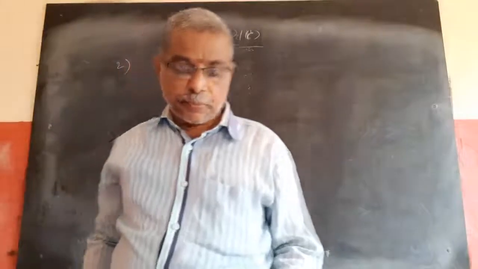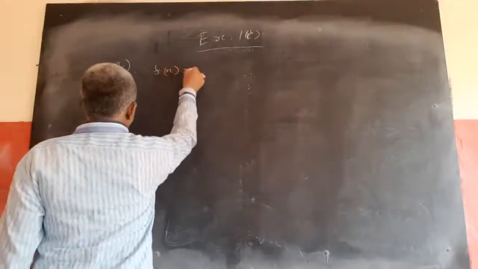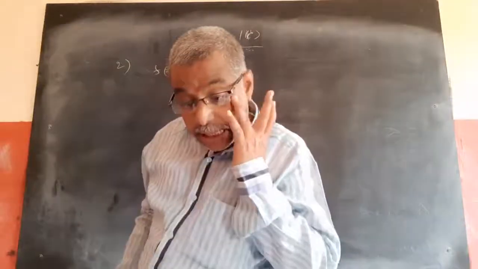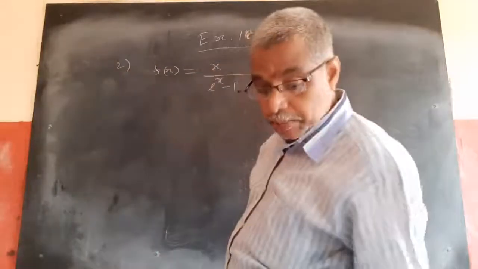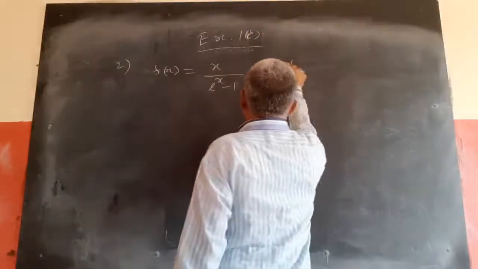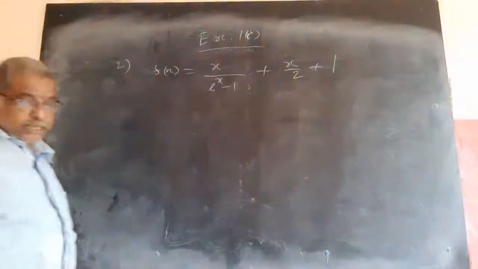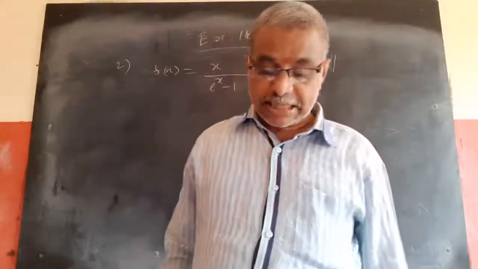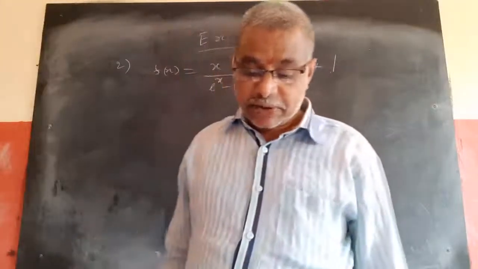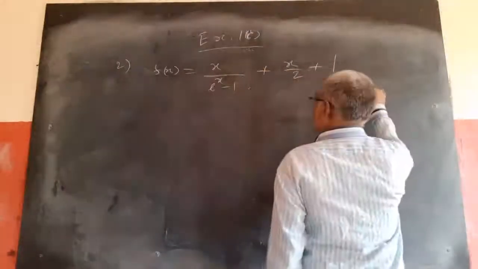Next, second sum. Prove that the real valued function f of x equal to x by e power x minus 1 plus x by 2 plus 1 is an even function on the domain R minus 0.